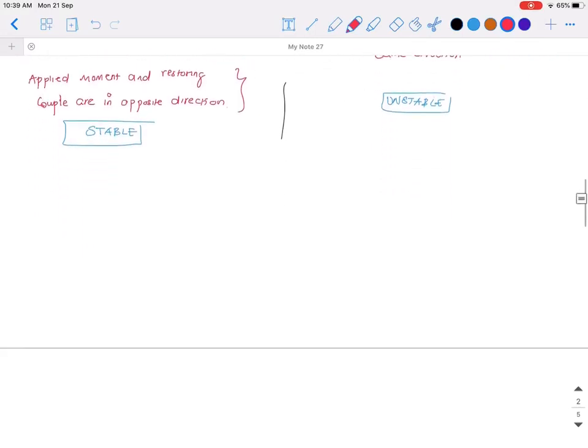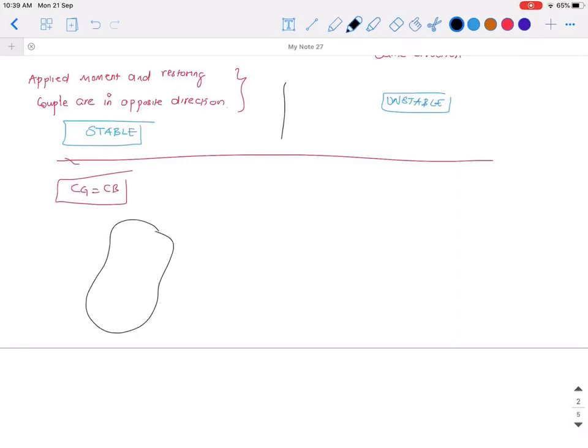Okay, the third case is a simple one. CG and center of buoyancy are at the same point. It's easy to guess. So this is FB, and this is the weight. You apply some moment, and the body will tilt.